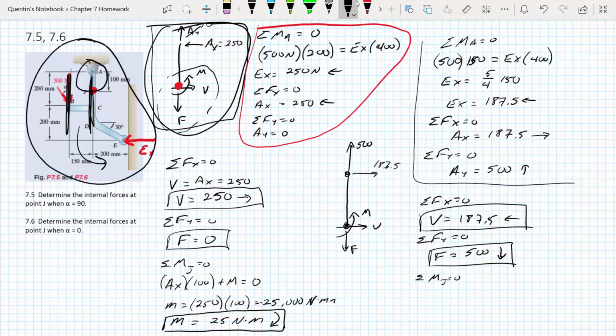Now this is going to be a little bit different because this 500 passes through there, so it's just going to be 187.5 times that distance, which is 100 still. Now this time the moment is in the opposite direction of that, so this is going to equal the moment. So the moment is 18.75 Newton meters in that direction. And that should do it.